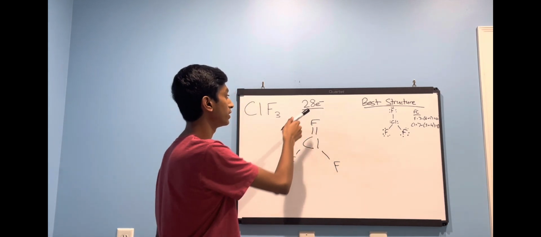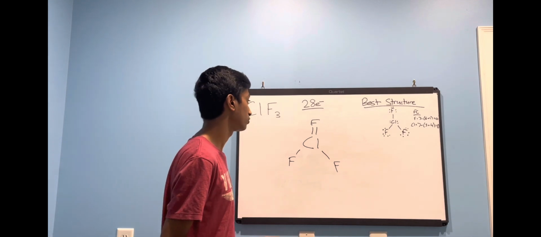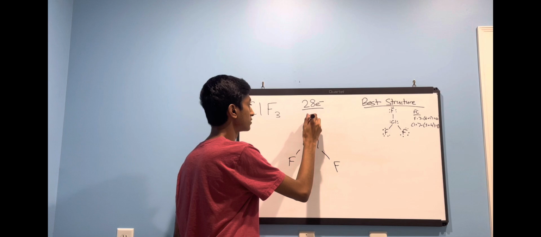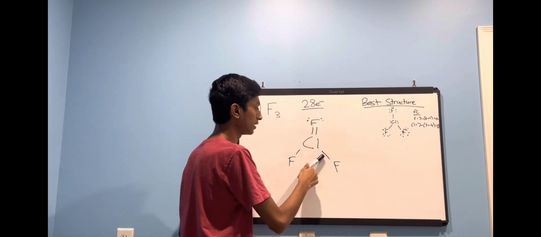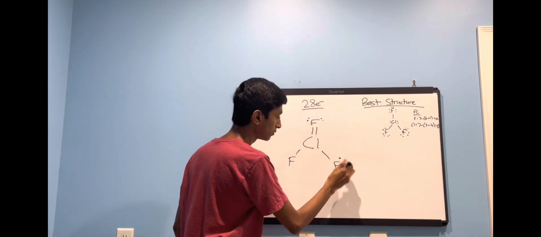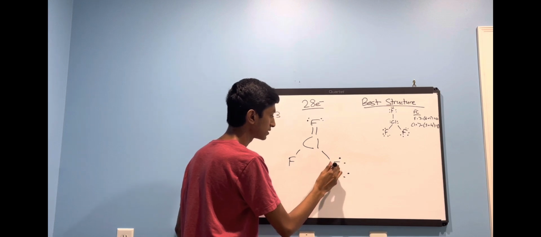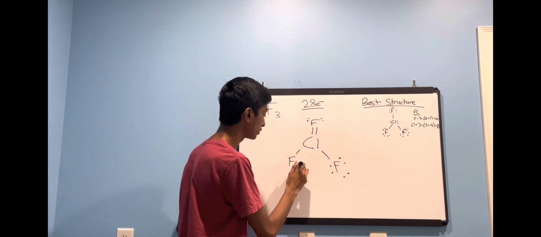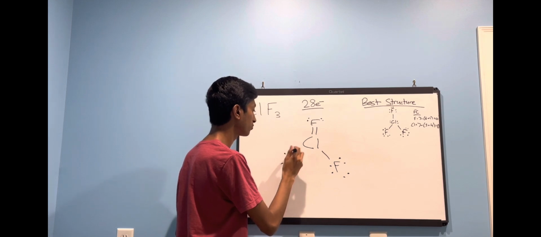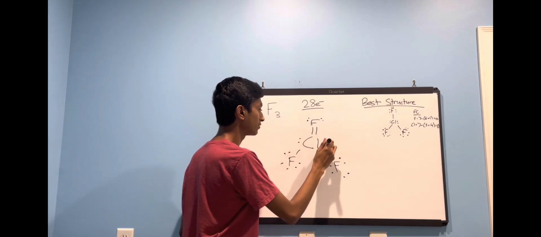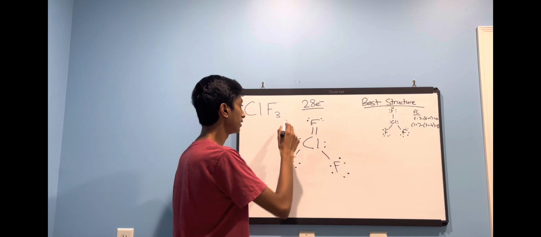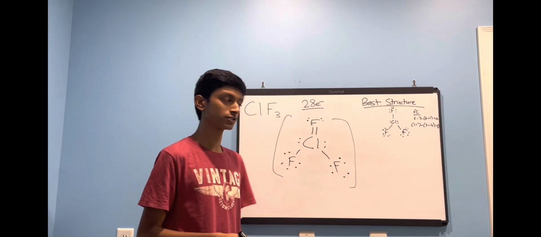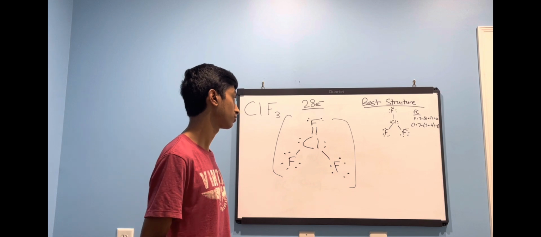To find 28 electrons, we count: 1, 2, 3, up to 28. And here we have one of the resonance structures of chlorine trifluoride.